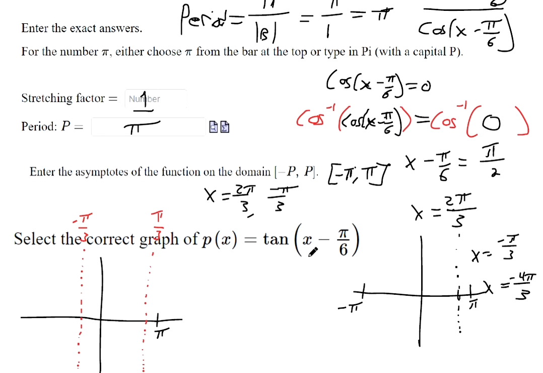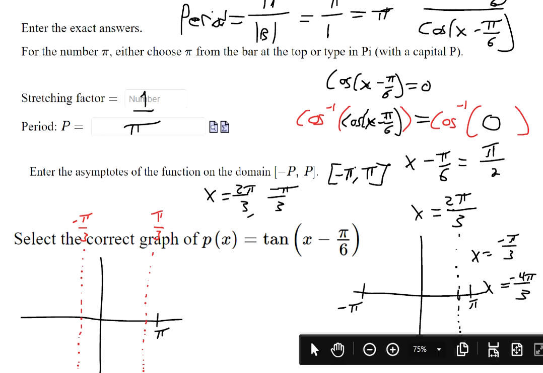Sorry, second guess myself there for a bit. Yeah, tangent does go in this direction like I originally thought. And what I was doing to check myself was I was plugging in a value. I said, okay, well, let me plug in negative pi over 6, see what that spits out.